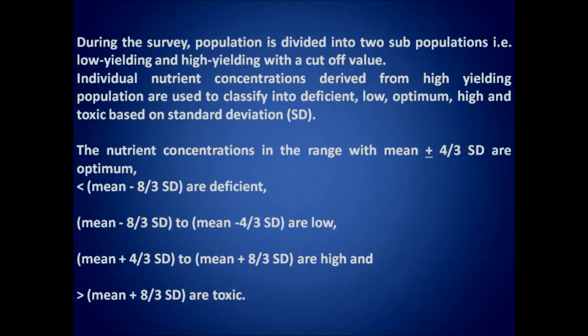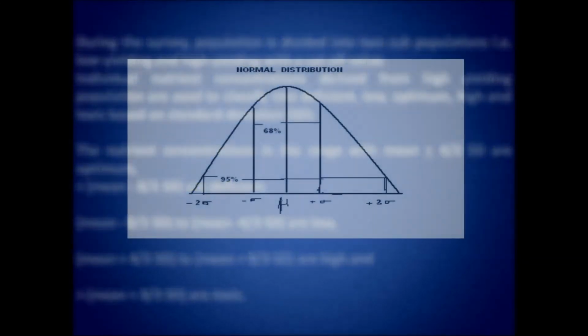Less than mean minus 8/3 SD is deficient. Mean minus 8/3 SD to mean minus 4/3 SD is low. On the higher side, mean plus 4/3 SD to mean plus 8/3 SD is high, and more than mean plus 8/3 SD is toxic. If you observe the normal distribution curve, we can easily observe all these things.